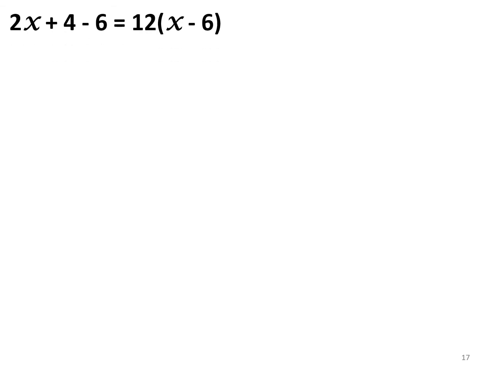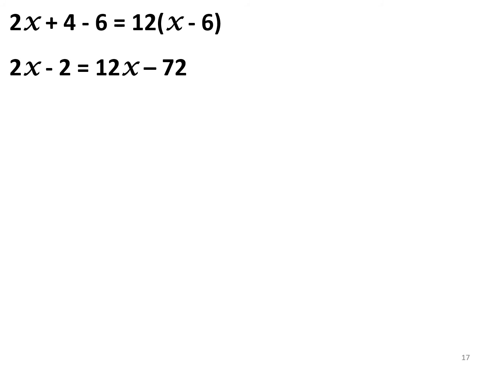2x plus 4 minus 6 is equal to 12x minus 6. Opening the bracket, 2x minus 2 plus 4 minus 6 will give you minus 2 is equal to 12 into x is 12x. 12 into minus 6 is minus 72.